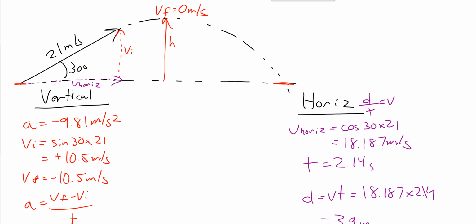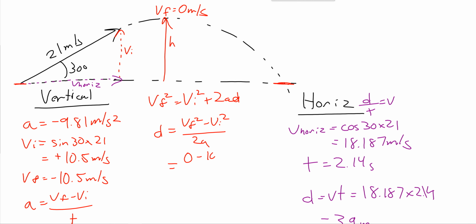Halfway. So I could solve this one of 2 ways. The way I prefer to do it is this way. I go VF squared equals VI squared plus 2AD, and I solve for D. So D will equal VF squared minus VI squared over 2A, and so that will be 0 minus 10.5 squared divided by negative 19.62.